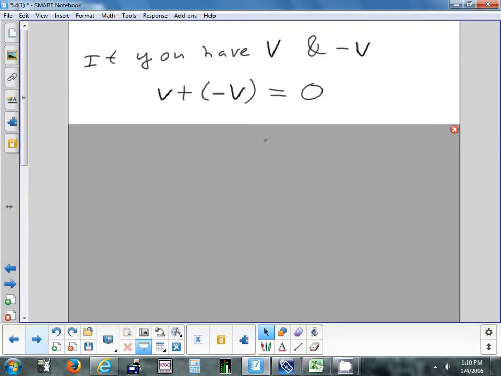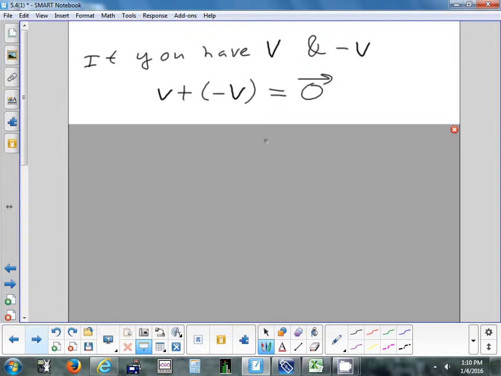Okay, we already saw that when you take a vector and add its opposite, you get the zero vector. Okay, what's the difference between V and negative V? Just the direction. Okay, they have exactly the same length.